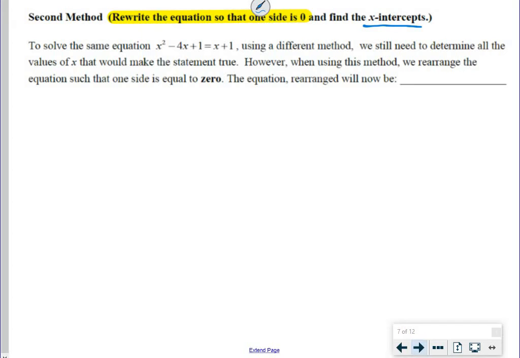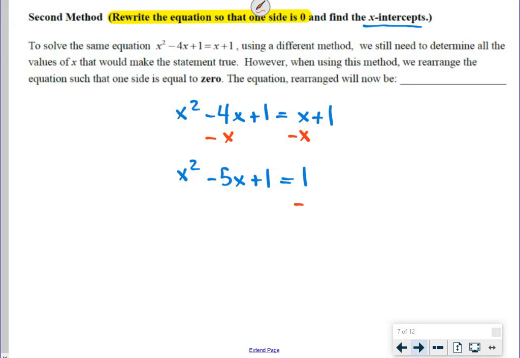Starting with the original, it looks like most of the stuff is on the left already, so might as well just bring everything to the left side. That would give me x squared minus 5x plus 1 equals 1. And then we just bring the 1 over as well, and we have x squared minus 5x equals 0.